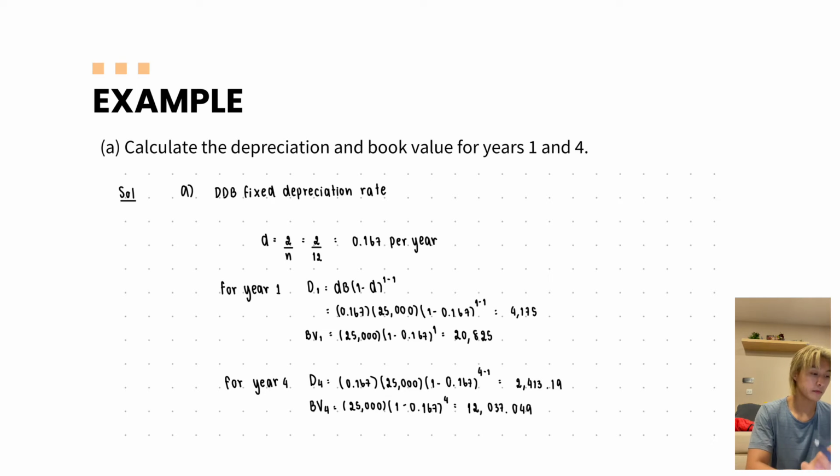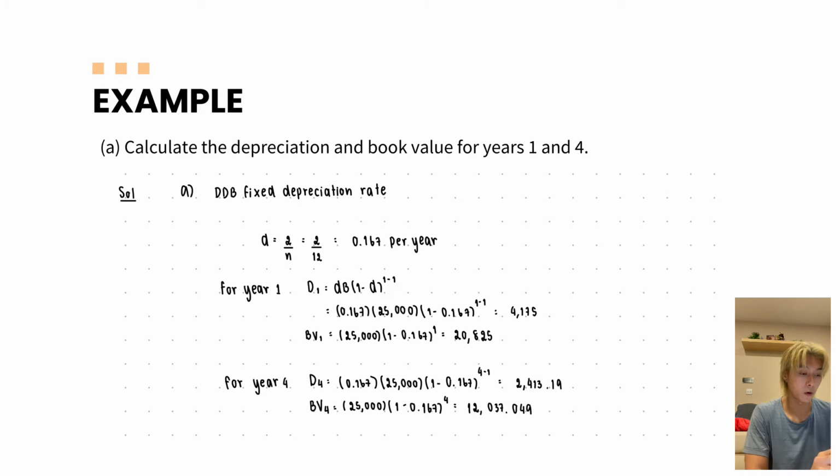For year 4, d4 equal to 0.167 multiplied by our B, which is $25,000, and then multiplied by (1 minus 0.167, or our D) powered by 4 minus 1, which is equal to 2,413.19.